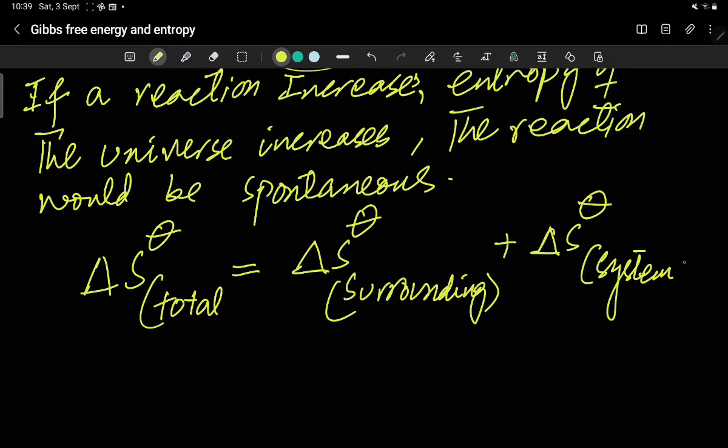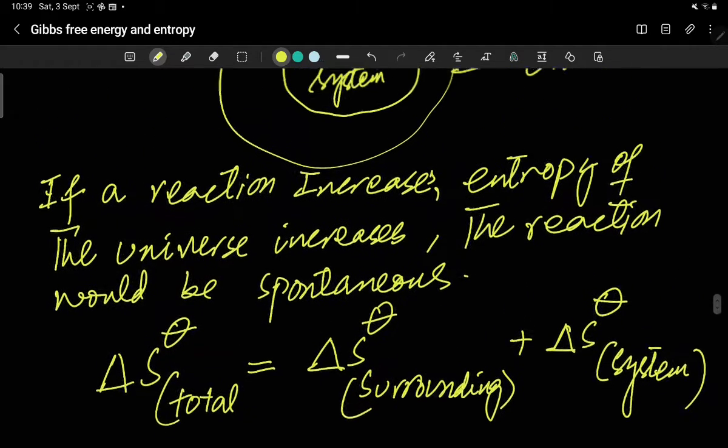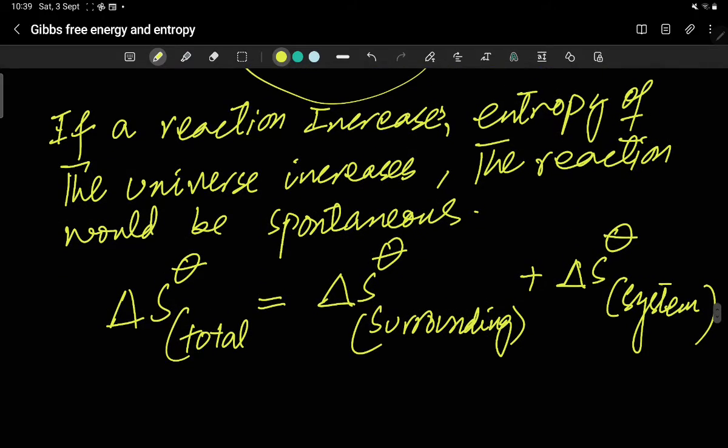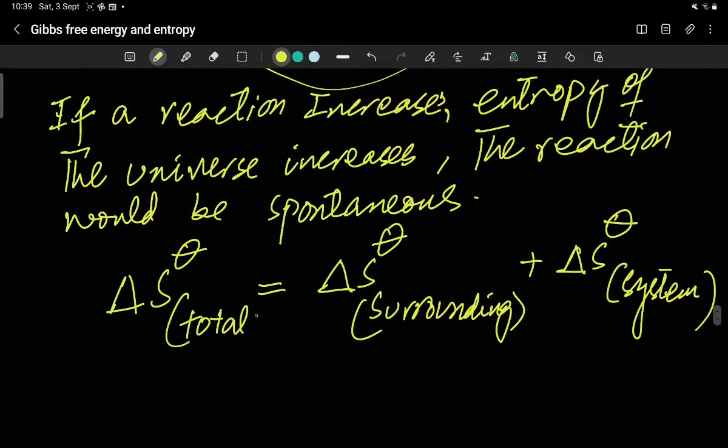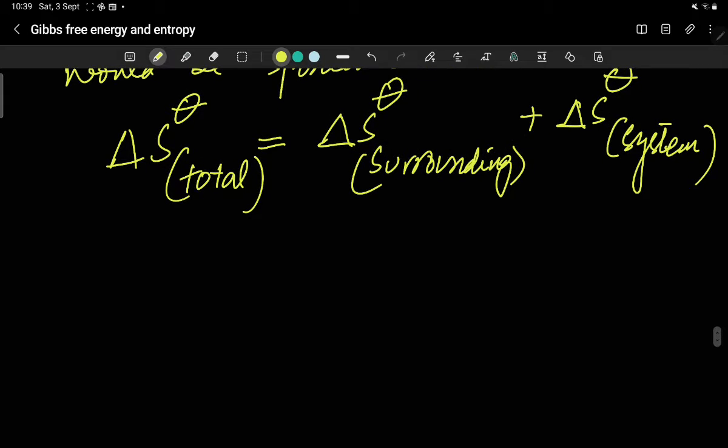This is the relationship of the entropy with the universe. So if delta S total is positive, the total entropy of the universe increases and the reaction is spontaneous. But if delta S total is negative, the total entropy of the universe decreases and the reaction is non-spontaneous. Is it clear?